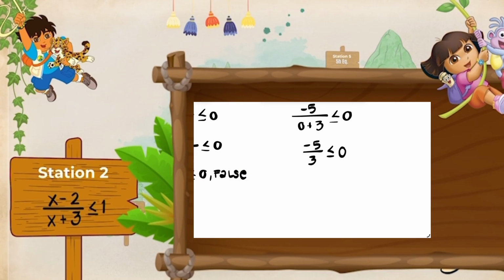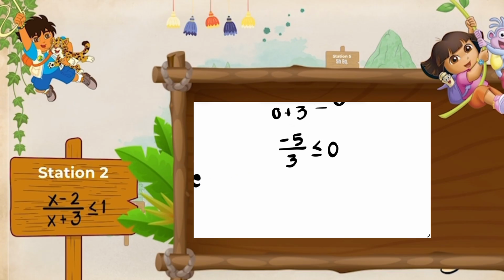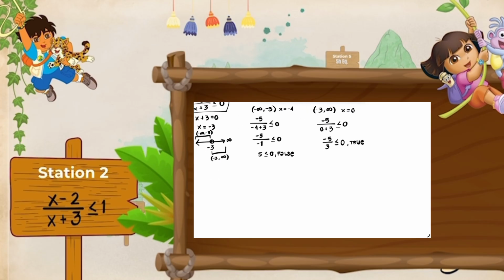And a negative number is less than 0. So it's true. Therefore, our interval notation or our final answer is negative 3 and positive infinite. There you go.